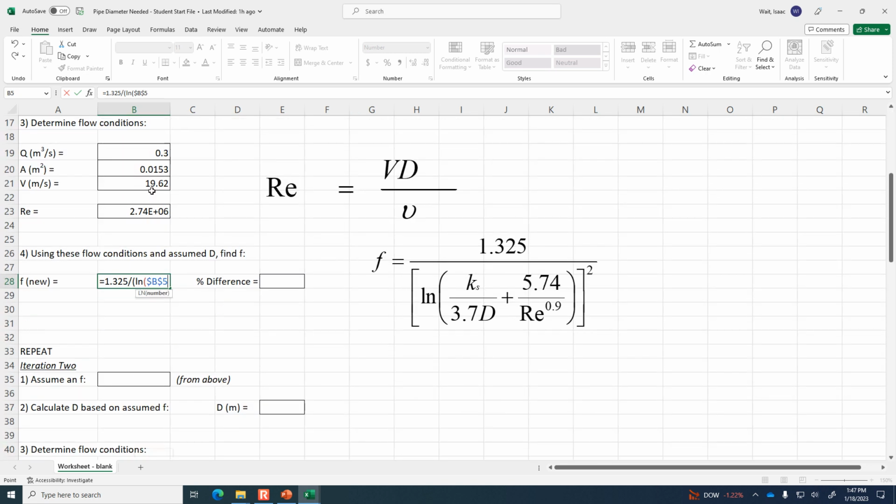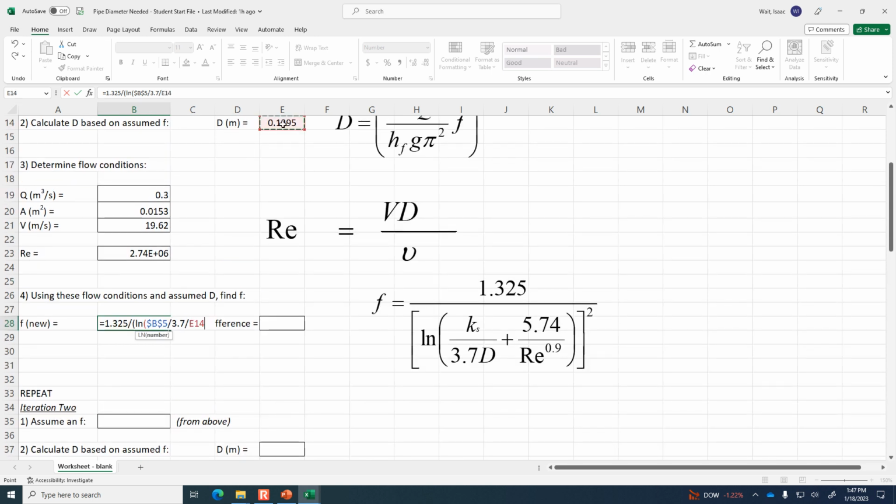I'll anchor that reference, divided by 3.7 divided by the diameter here within this iteration, plus 5.74 divided by the Reynolds number to the power of 0.9, and then all of that is squared.